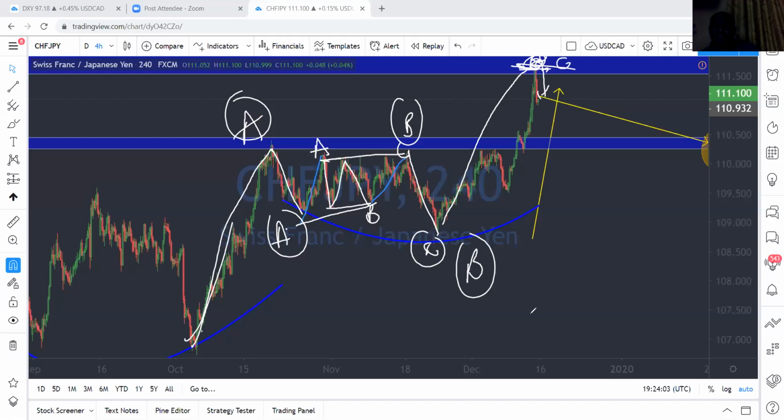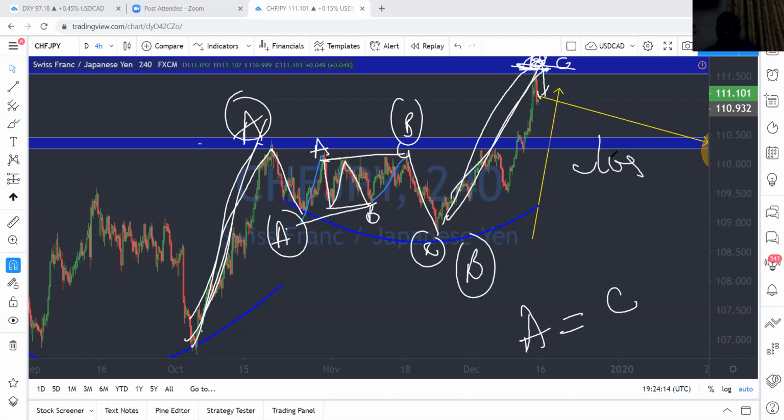And A, I have the formula. A wave theory formula. A is usually equal to C. I've seen A here equal to C here. Immediately this one equal to this one, I told myself, close this buy. I close the buy about 90 something pips. All right.